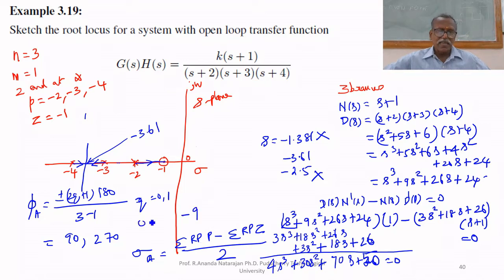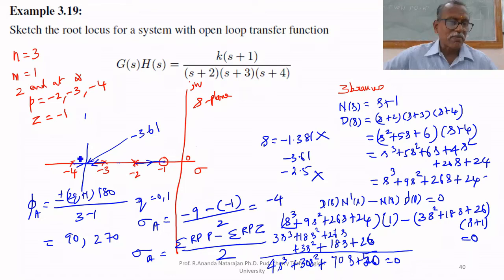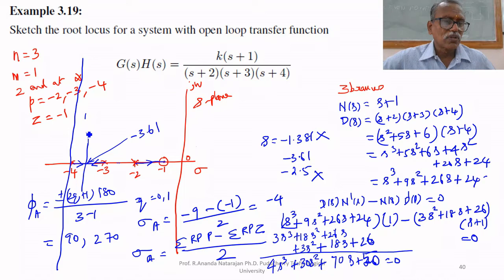Sigma A equals minus 9 minus of minus 1, divided by 2, that is equal to minus 4. So the asymptote is at minus 4. One asymptote goes upwards, another one goes downwards. Therefore, the root locus branches come closer to this minus 4 and go to infinity like this. This is the asymptote.